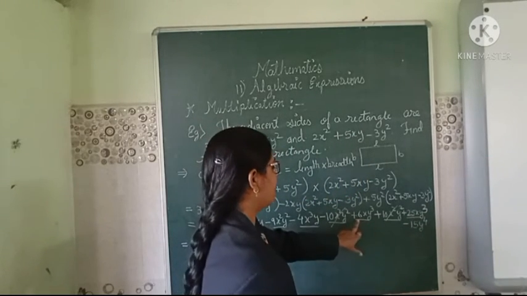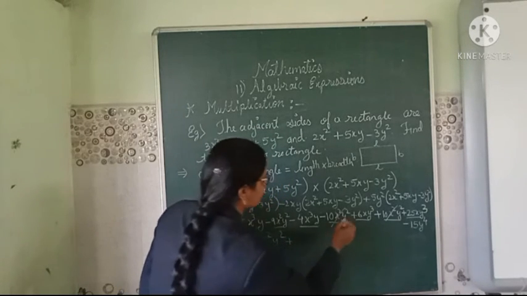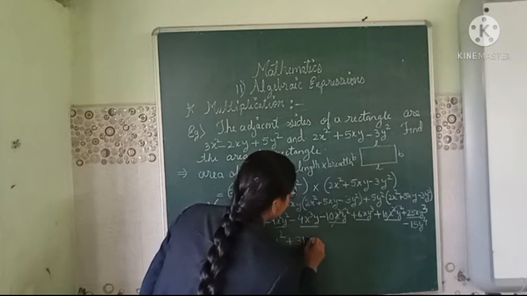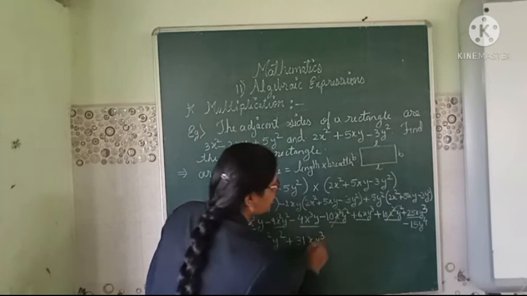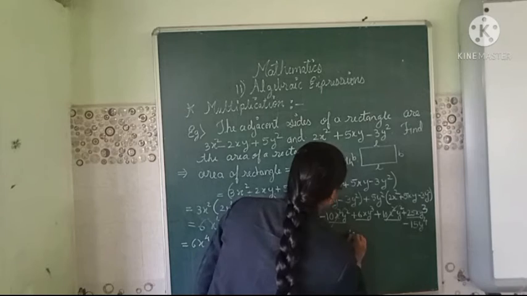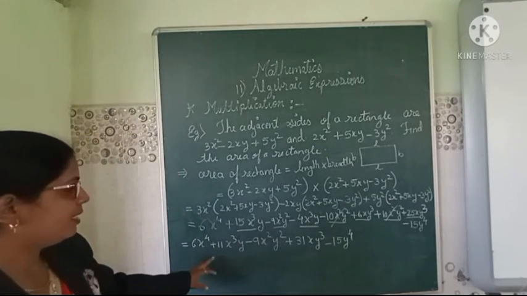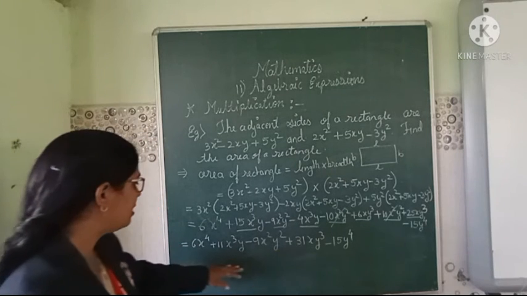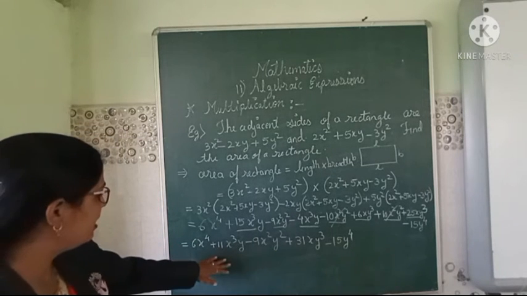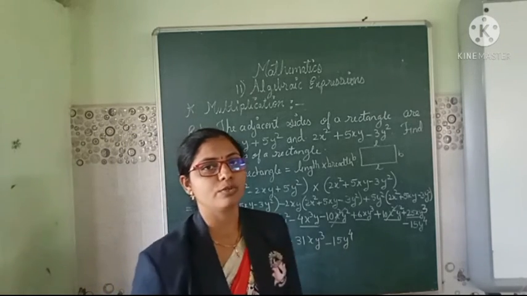So 25 plus 6, it will be plus 31xy cube and negative 15y raised to 4. Okay. In this way we can solve the example. Now you can see any other term is there? Like term? No. So this will be the answer of our question.